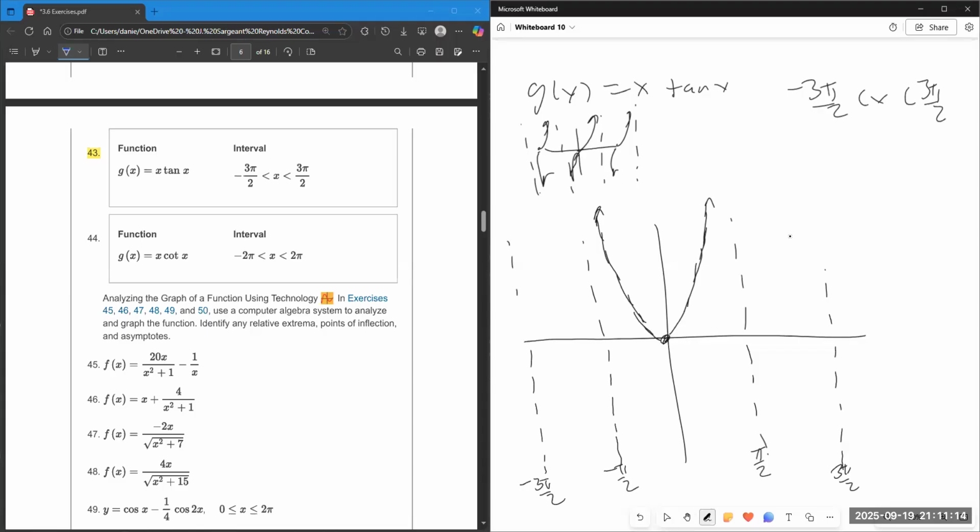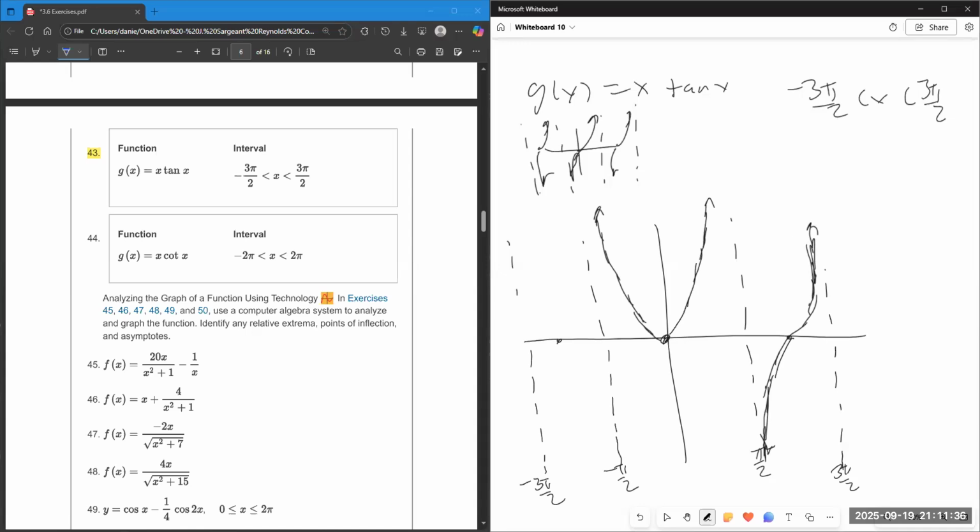Now I have a positive x value times a negative y value here, and so that's going to be negative. And then I have a positive x value times a positive y value, and that's going to be positive, and it's going to go up and even faster that way.